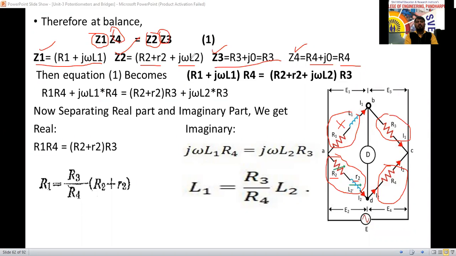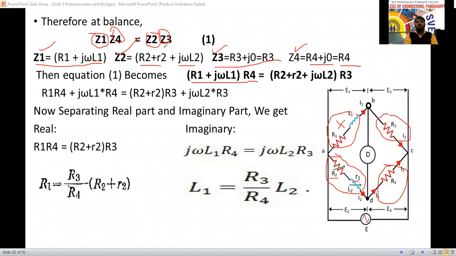Now what we have to do? We have to substitute the Z1, Z2, Z3 and Z4 values into equation 1. Here Z1, Z4 is there. In the place of Z1 I will write R1 plus j omega L1. Next, in the place of Z4, R4.